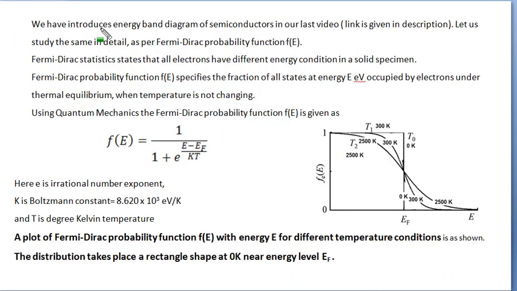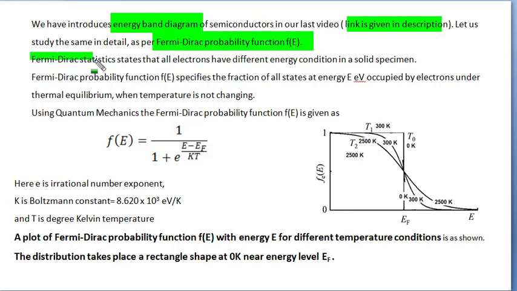Most interesting way to understand semiconductor electronics is energy band diagrams. We have given detail of energy bands in our last video, and link is given in description. Let's study the same in detail. Now the energy band diagram is understood by a parameter called the Fermi Dirac probability function.